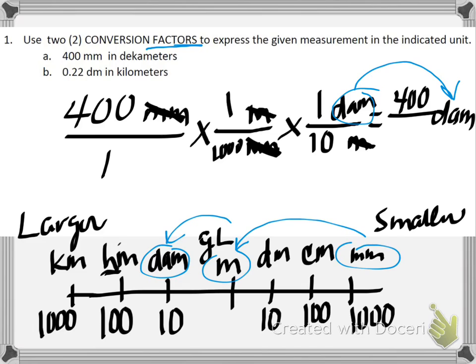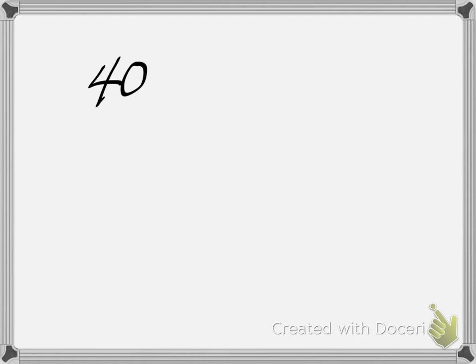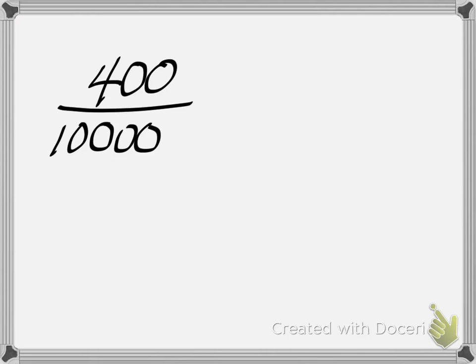And then we're going to have 1,000 times 10, which is going to be 10,000. Okay? So we're going to have 400 divided by 10,000 decameters.